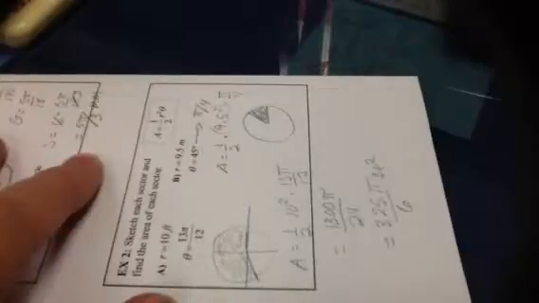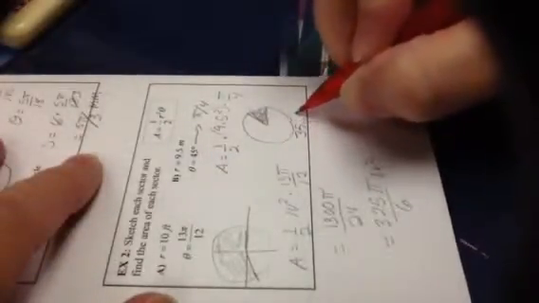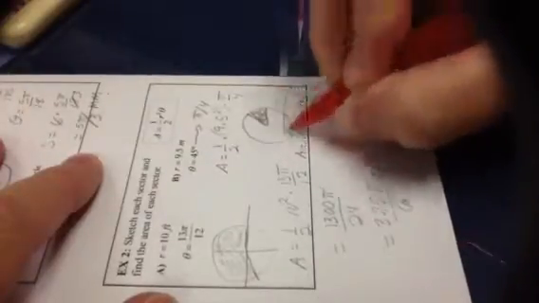This one has a decimal already, so I'm just going to do the answer in decimal. So I would have 0.5 times 9.5 squared times pi divided by 4. You get 35.44 rounded off, so 35.44 square meters for the area.